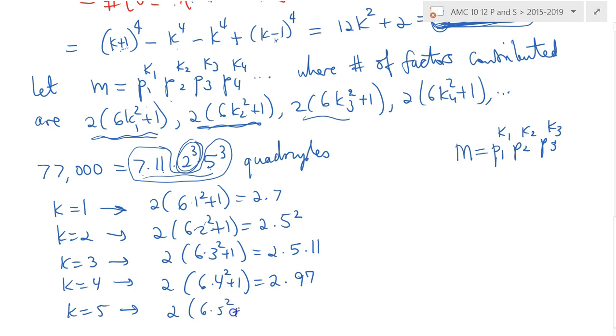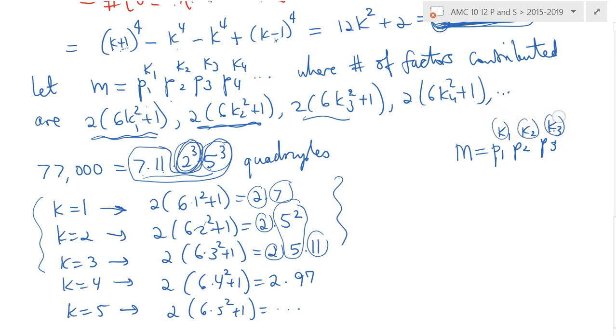Okay, I don't have to go further. Actually, I could have stopped after the first 3 steps, because I have 1, 2, 3 2's. There you go. And then look at these 5's. I have 3 5's here already. And then I have a 7, and that's it. So therefore, k1, k2, k3 are simply 1, 2, and 3.